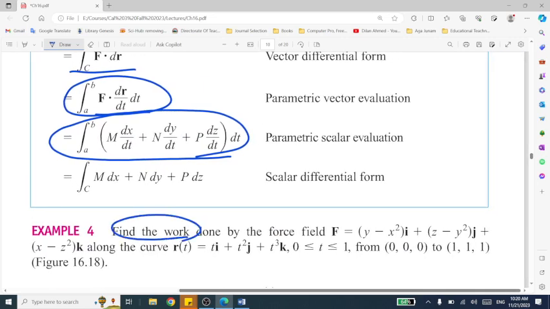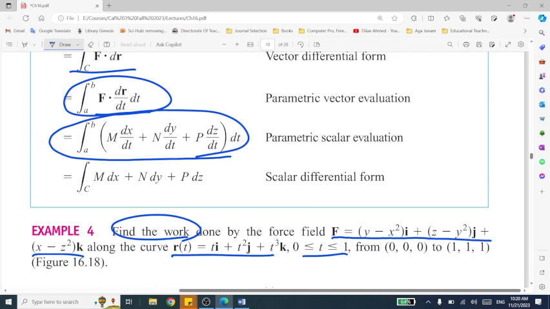We don't say line integral, we say find work. For F, look at the function: i, j, k. I mean the vector field, chapter 16. It is easy, right? It's easy to find them.